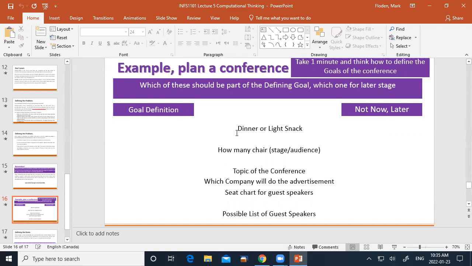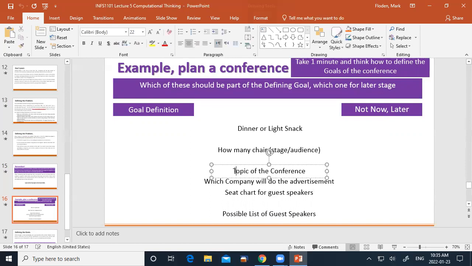Let's imagine that this conference is three months from now. I would postpone the dinner or light snack. I'd want to know what our conference is about first and who's going to be coming. I think I'd start with the topic, because if I'm going to have a conference, I have to know what it's about.